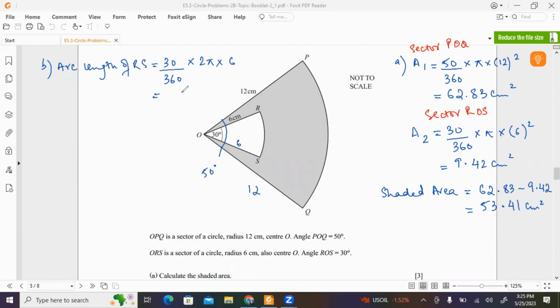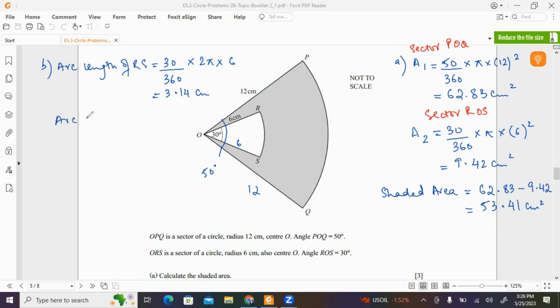So that is going to give us 3.14 centimeters.